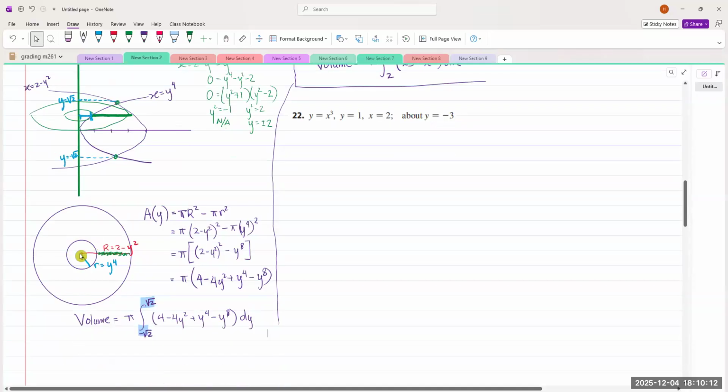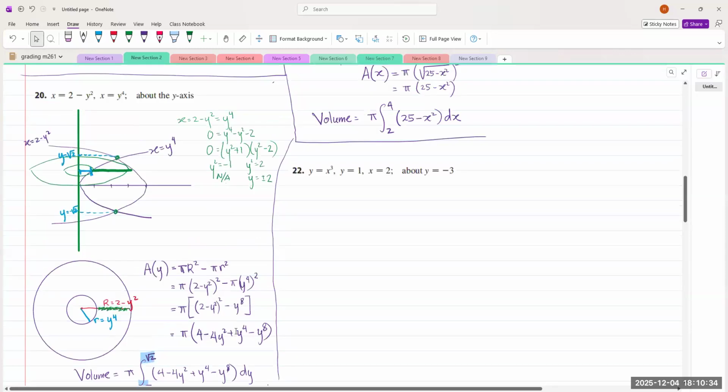Then take a look at the larger radius and smaller radius, so that we can get the area function of that ring, or that washer. Simplify first before you put them into integration. Okay, that's for number 20.